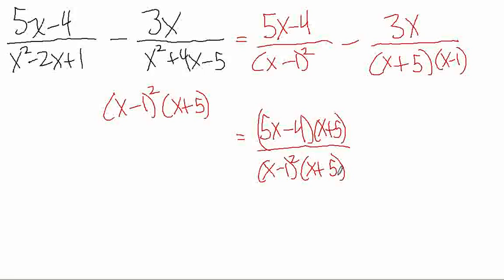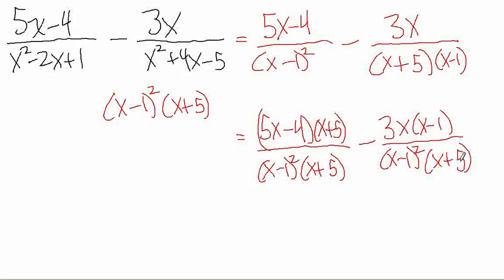And so I get that. And then I'm going to multiply the top and bottom of the second red rational expression by x minus 1. Okay, and this one I'm not going to expand the denominator.